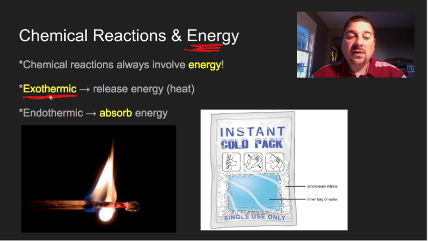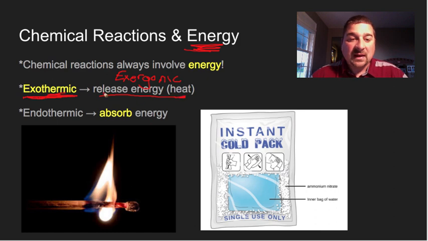So exothermic, thermo meaning heat, the heat is given off. Sometimes you'll see this as exergonic. Exergonic just means that energy is given off, maybe not in the form of heat, but another type of energy. So exothermic or exergonic means energy is given off.